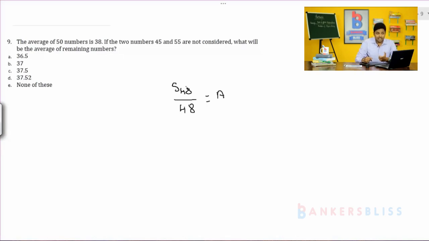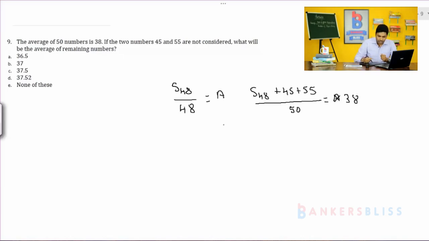One more piece of data they have given: the sum of 48 numbers and the two numbers you are excluding, that is 45 plus 55, altogether 50 numbers divided by 50 is equal to the average. They have given the average as 38. So based on this data you can easily calculate the sum of the 48 numbers, and based on that you can calculate the new average.